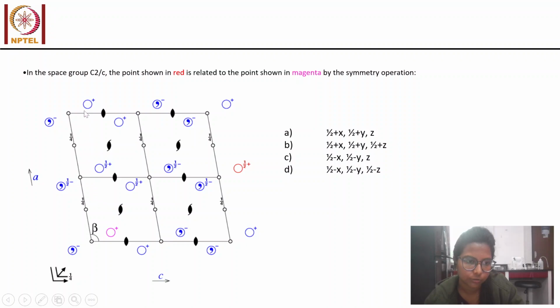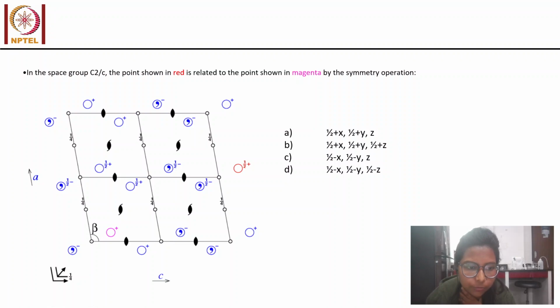If this whole thing is 1 unit, then this is half the unit cell, right? So this is half and this is 1/4. But if we reach here and go in this direction, we will not reach here. So we have to go half first along the x-axis.